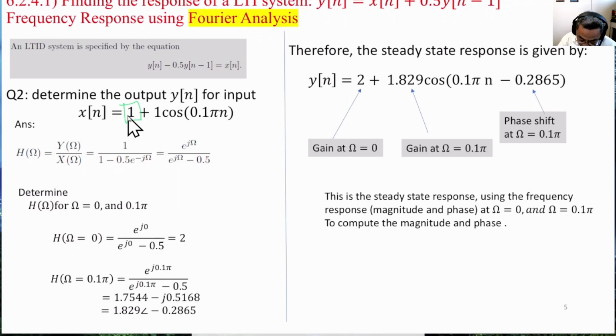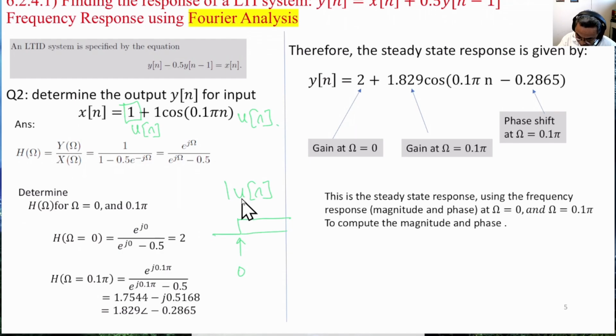actually should be 1 u[n], which means that it only exists from the right-hand side of time, u[n]. But notice that you have 1 u[n], and if you try to perform the discrete time Fourier transform of this, it won't exist.